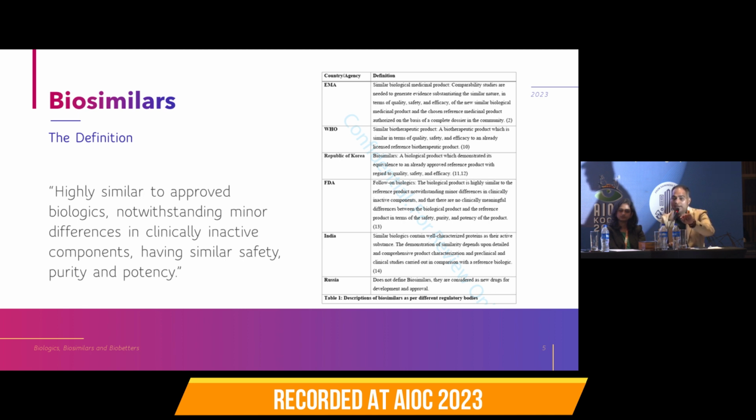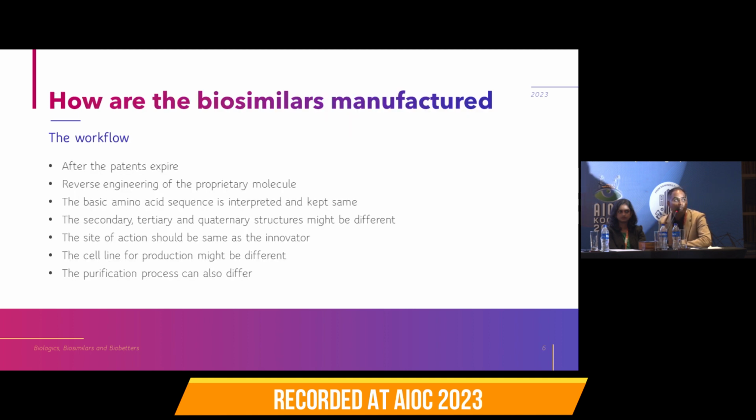That's what defines the clinically inactive component: those components which do not matter in terms of efficacy and safety of that drug. So always remember, even two different Lucentis batches are different. It's not that only biosimilars are a little different, but it is all in the inactive component. So that negative perception should not come. Thank you, sorry to interrupt.